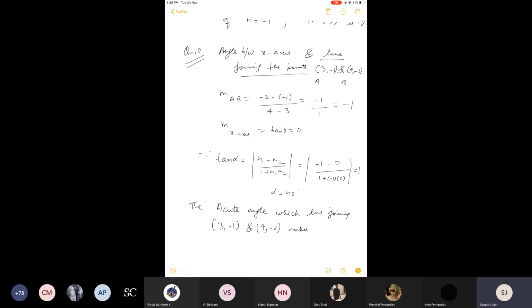This is simply the angle between two lines. Okay, it makes 45 degree with x-axis. And obtuse angle is 135. We discussed this also. 180 minus alpha. And obtuse angle will be 135 degree. This is the answer.